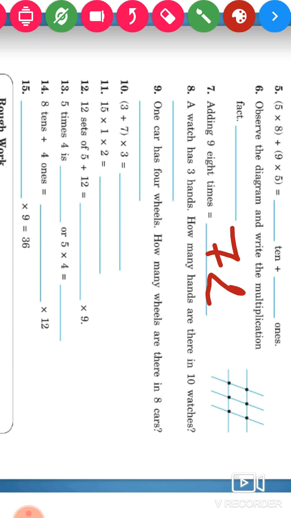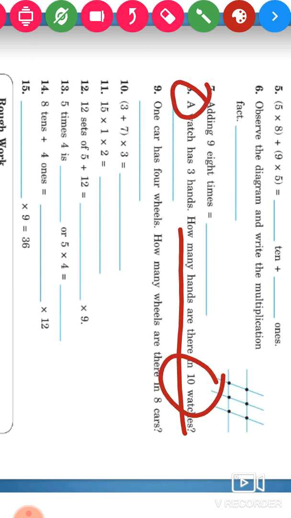Now question number 8. A watch has 3 hands. How many hands are there in 10 watches? So this we have revised in our previous video, while we were doing word problems: if 1 is given and many is asked, what do we have to do?